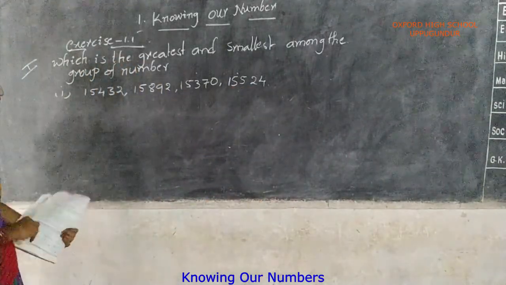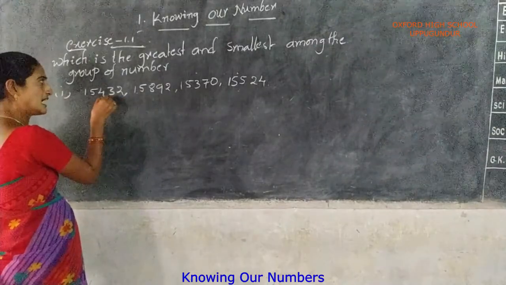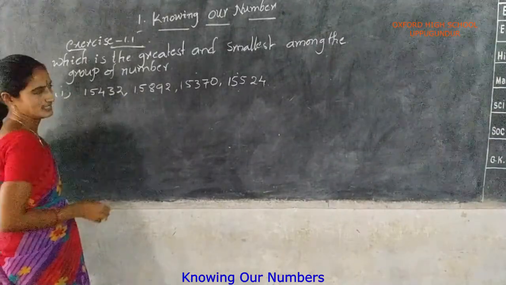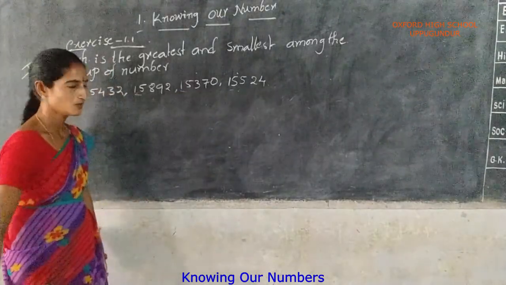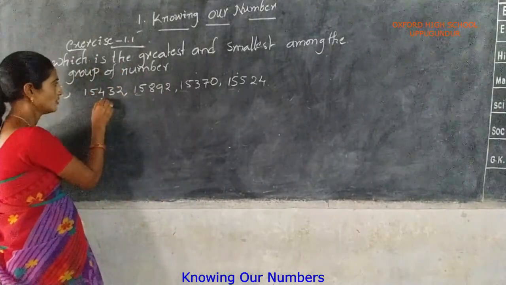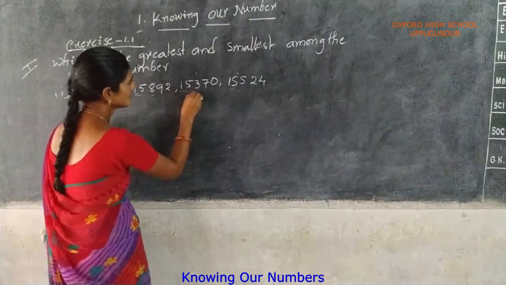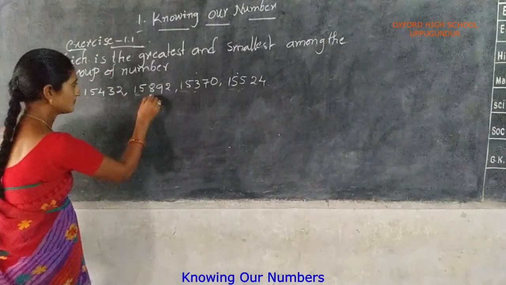First we have to find place values: ones, tens, hundreds, thousands, 10,000s. The 10,000s place is the same. Next we have to find the hundreds place: 4, 8, 3, 5. Which is greatest?